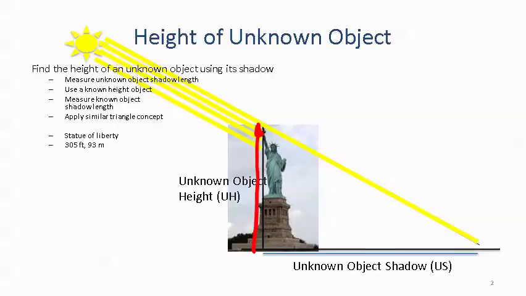And the distance that the shadow makes is given, or is measured along the ground. Let's call the shadow distance B, and let's call the height of the Statue of Liberty A. So we measure now, and we have these three vertices.